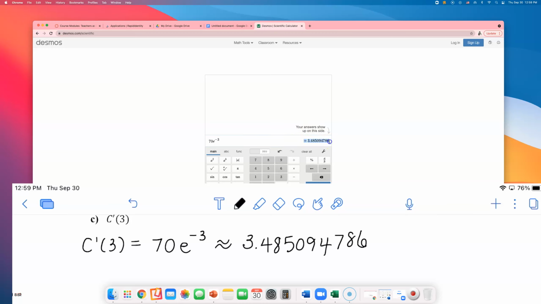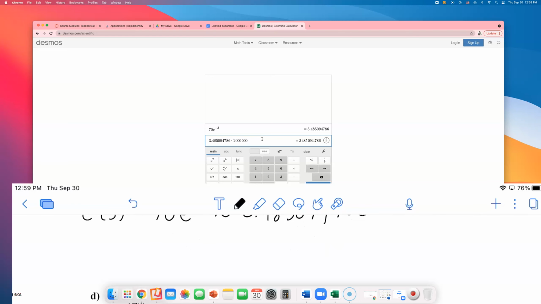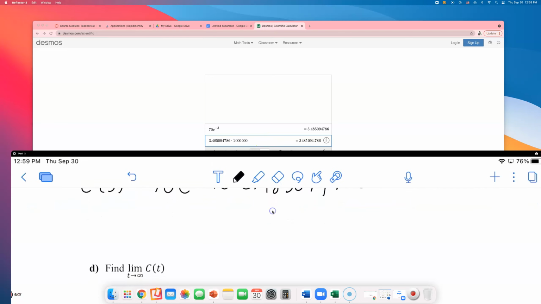So I'm going to multiply this decimal by 1 million. A million has 6 zeros: 1, 0, 0, 0, 0, 0, 0. So what is the marginal cost at year 3? The marginal cost is still going up because it's positive. I don't know how to read this just yet, so let me copy this down first: 3,485,094 dollars, and I don't think they care about the cents.